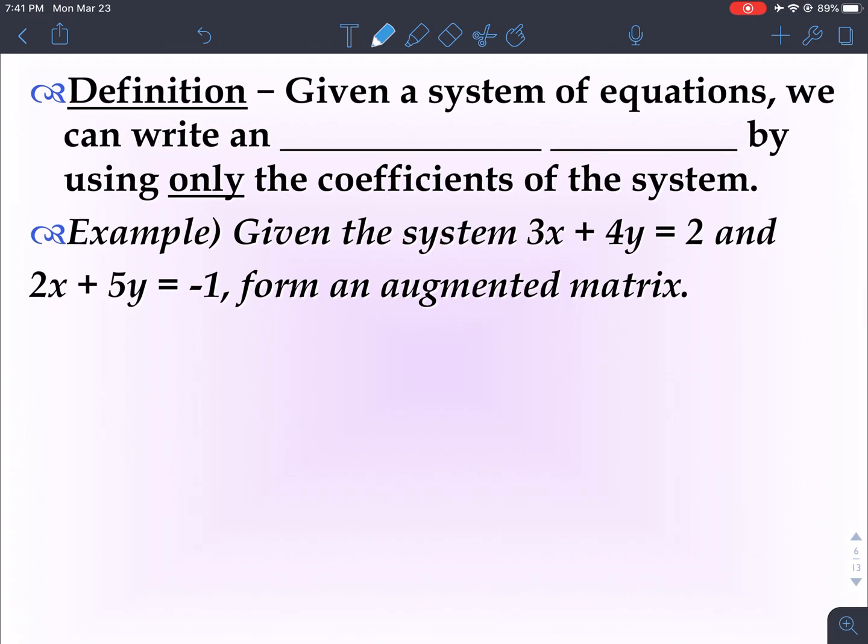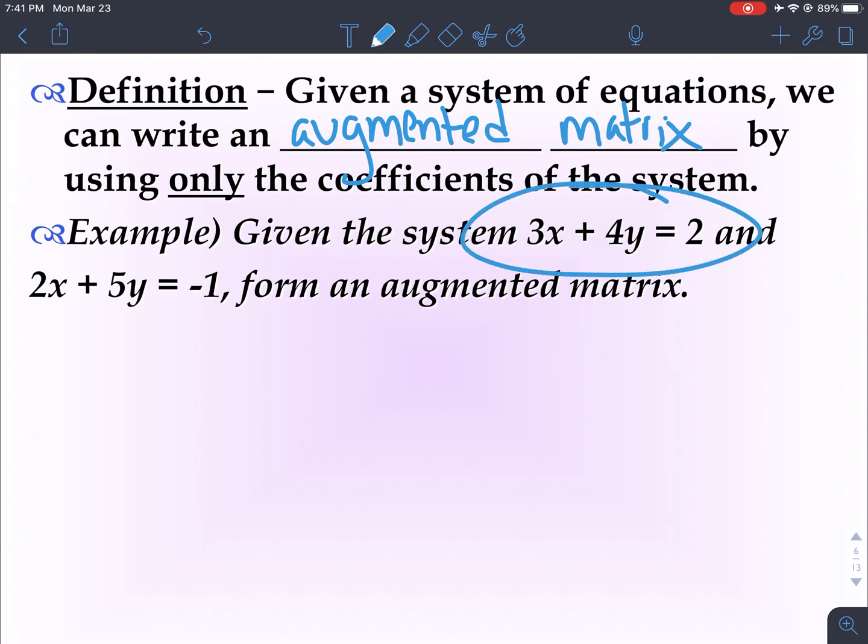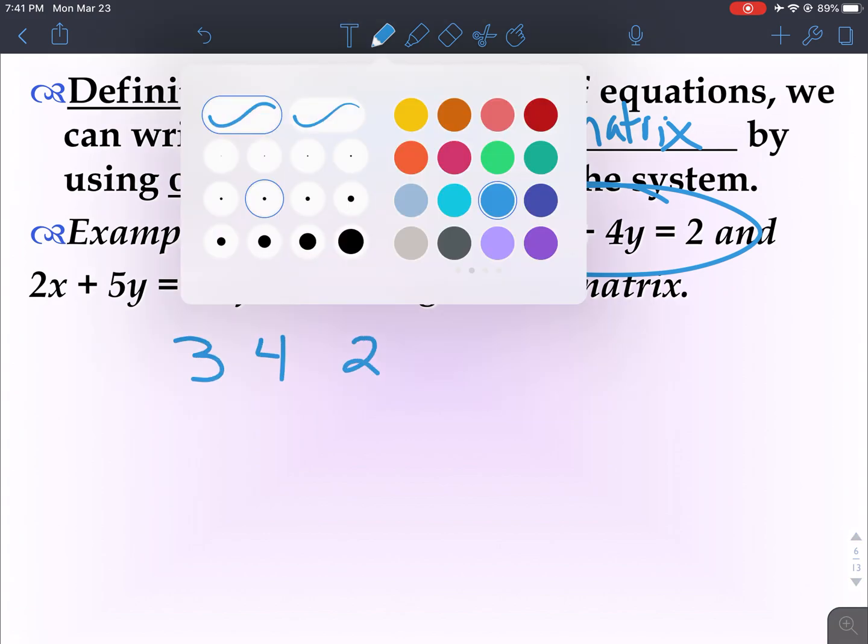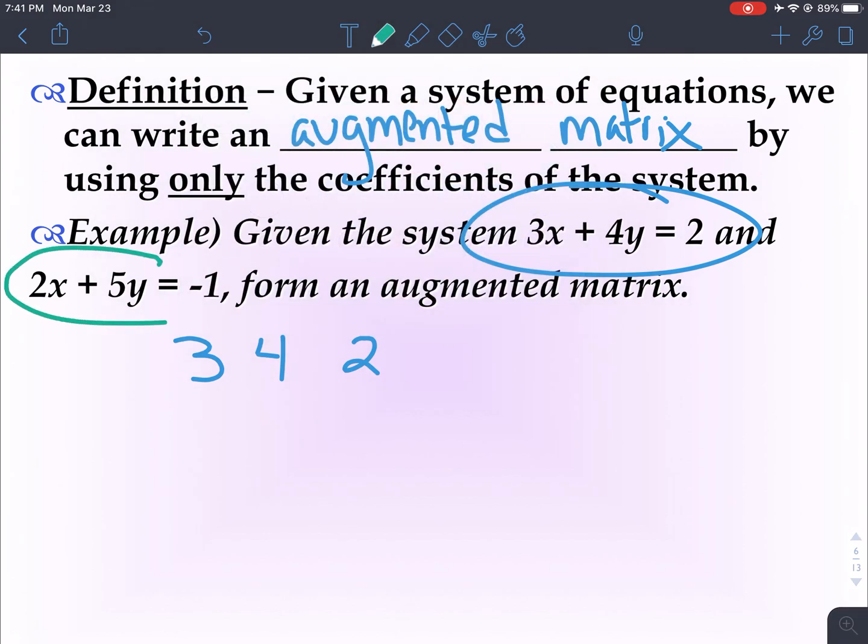Given a system of equations, we can write what's called an augmented matrix by using only the coefficients of the system. Let's let the first equation, 3x plus 4y equals 2, be the first row. And then I'll let the second equation be the second row, just coefficients.